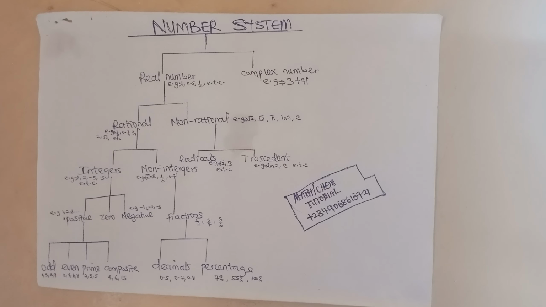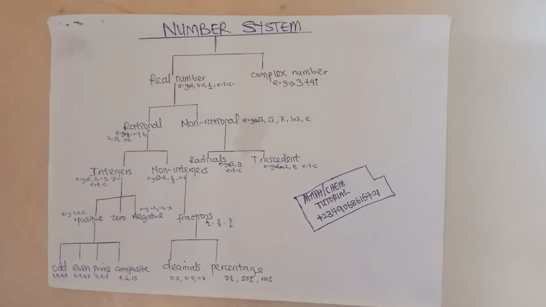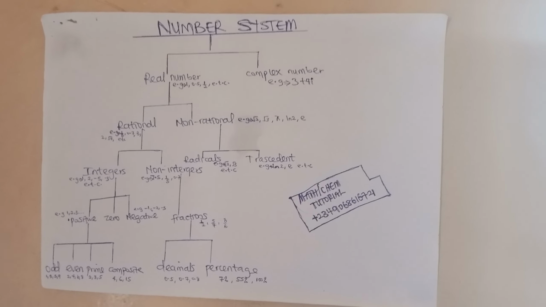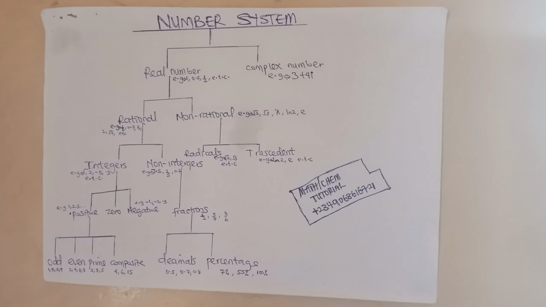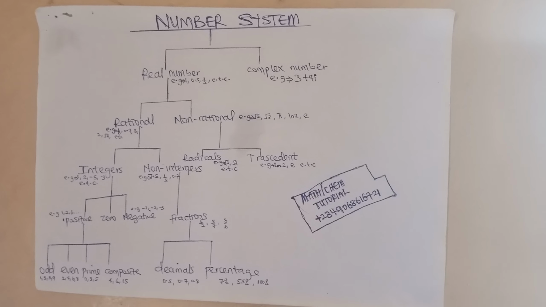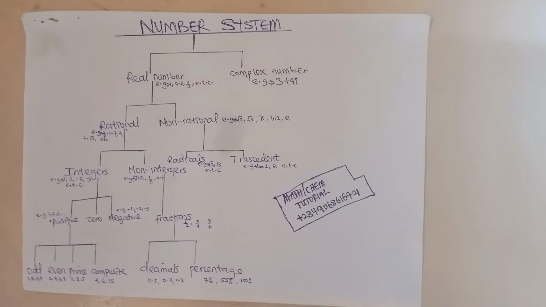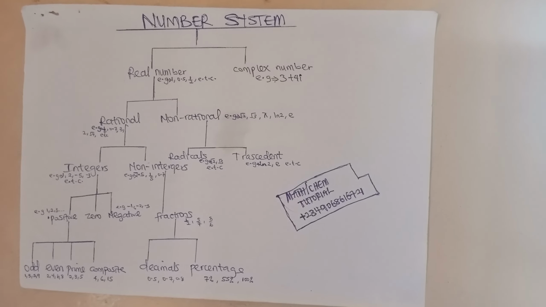Is a non-rational number. Ln 2 is a non-rational number because they are constant. Exponential is also a non-rational number because they are constant. Yes, 22 over 7 on its own is a rational number. But when you are given ordinary pi, it simply means that it is now a constant, which is a non-rational number.